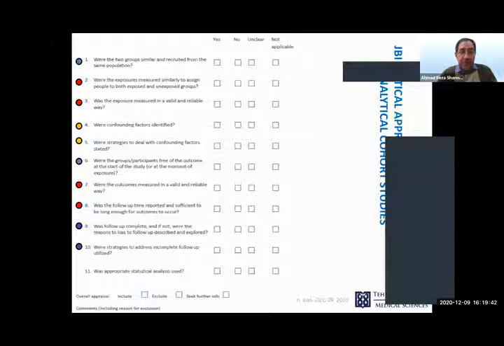Items 2, 3, 7, and 8 again are related to information bias and measurement of the variables. Items 4 and 5 are related to the confounders and the methods for eliminating the effect of confounders. Items 9 and 10 are new and important for cohort studies.